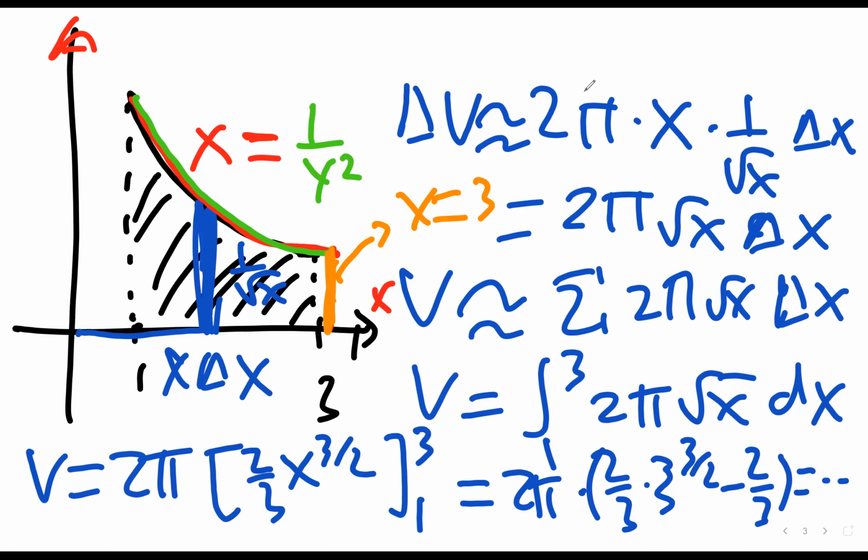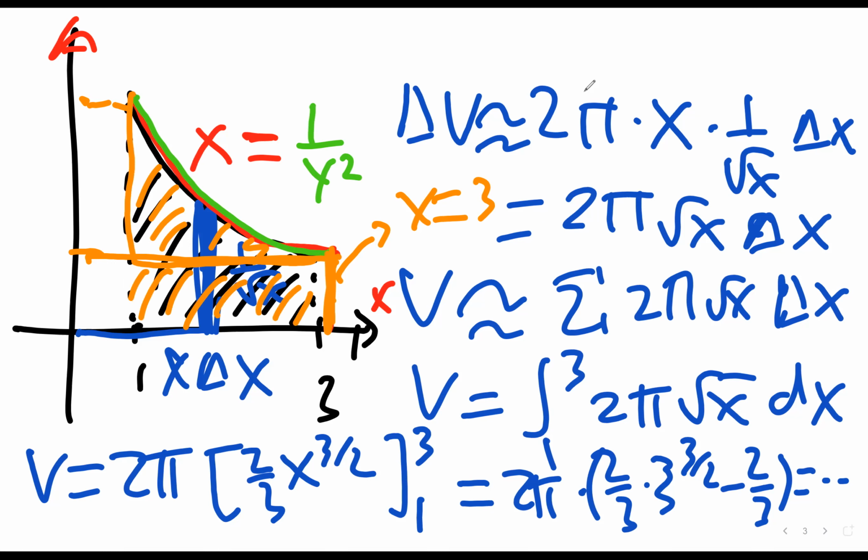So if you want to consider the method of disks, you can do it. However, with the method of disks or washers here, you will have two integrals: one integral for revolving this region, another integral for revolving this region.